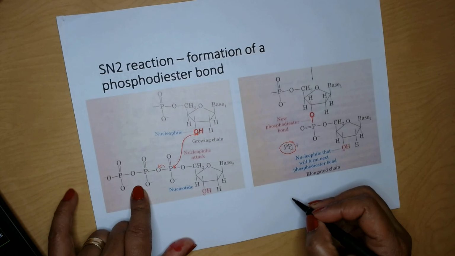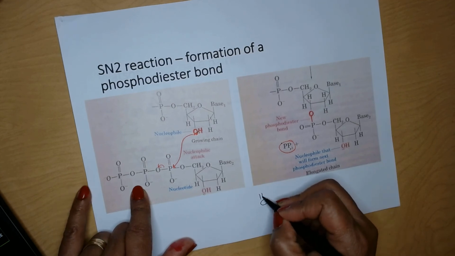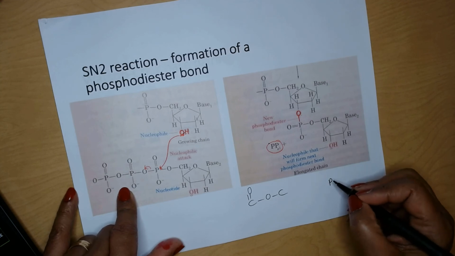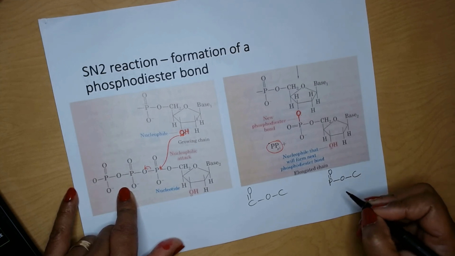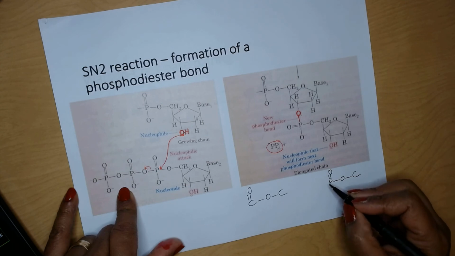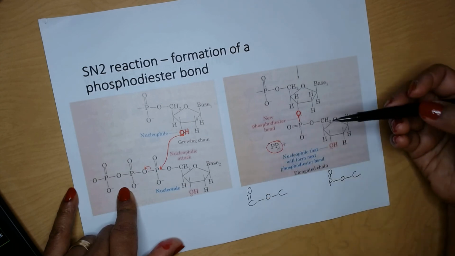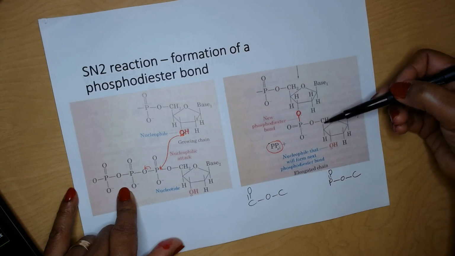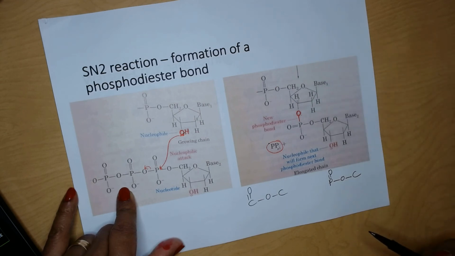Let me remind you what an ester is. This is a regular ester, and then we have a phosphoester. Because the phosphoester is happening twice, we're going to call that a phosphodiester bond. It's phosphodiester because you have this double bond and this oxygen, and it's in two different directions.